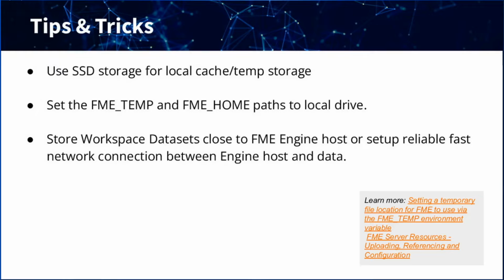Setting the FME_TEMP and FME_HOME paths to a network drive mostly results in performance degradation. As of FME 2022, a warning in the log will appear if these paths are set to a network drive. So for optimal performance, ensure that these paths are local. You can follow this FME community article that shares how to set the FME_TEMP environment variable.